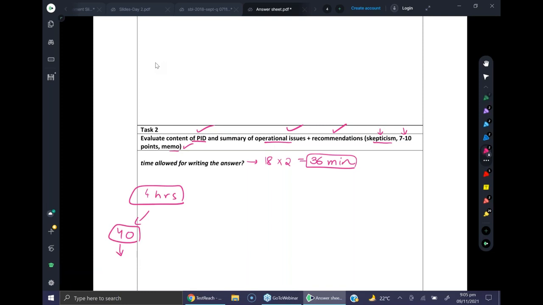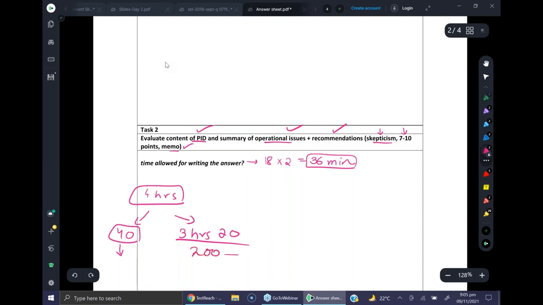So one time reading, not learning the paragraphs. Read it very quickly and keep your concentration very high, and you will be able to understand most of it in one reading. So 40 minutes to read and plan the requirements and the exhibits, and the rest, 3 hours 20 minutes, for writing, which is actually 200 minutes. And for 100 marks, you have 2 minutes per mark. This is how we calculate it.